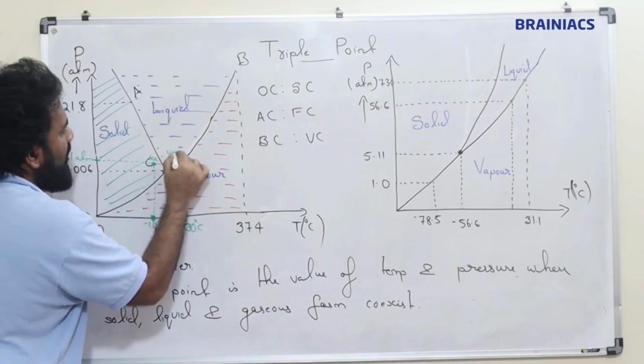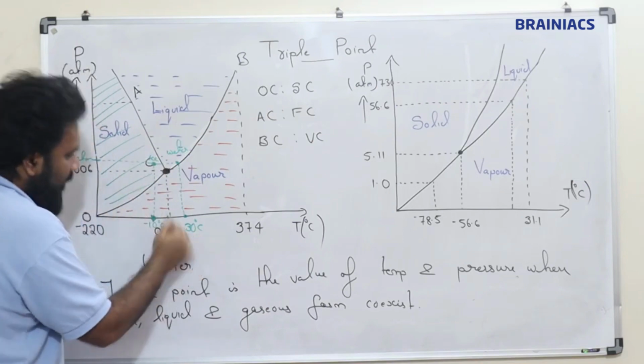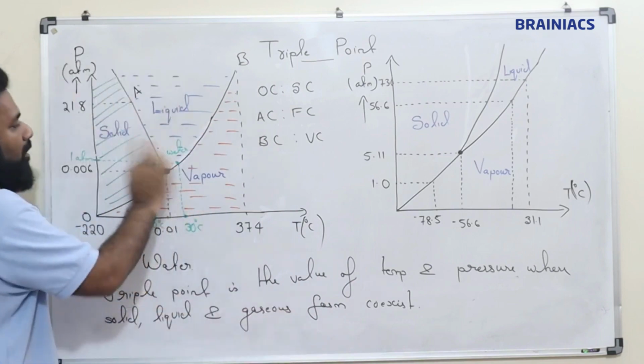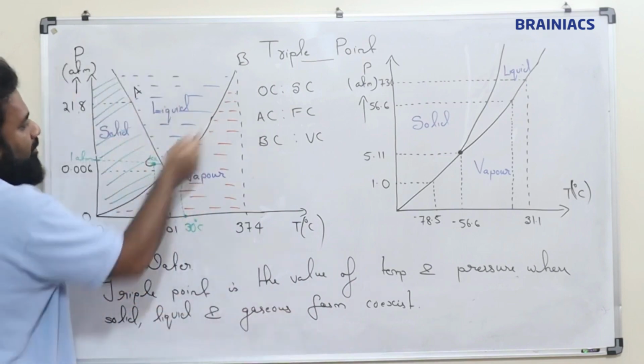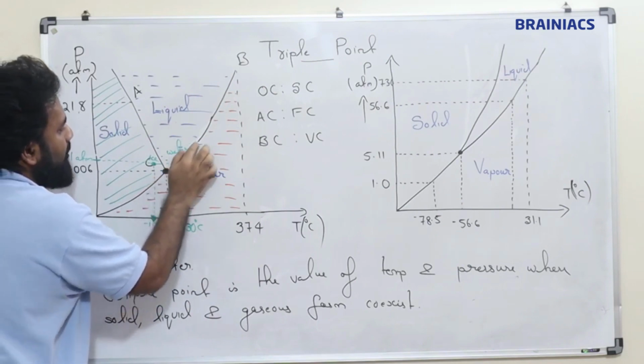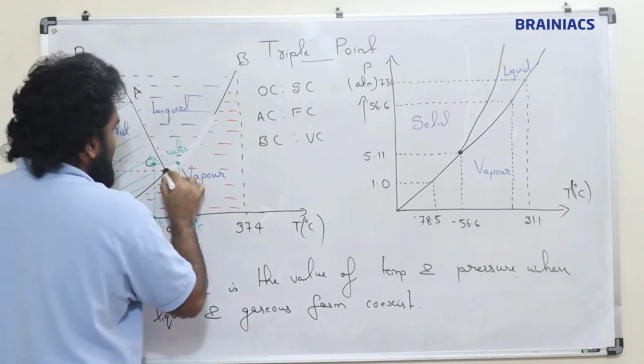So 30 degrees Celsius, 1 atmosphere, what is this? This is in the water form. Actually, even beyond this 30 degrees Celsius up to 100 degrees Celsius, we should get water form. So this curve should move a little bit further. Hope my intention you understood.